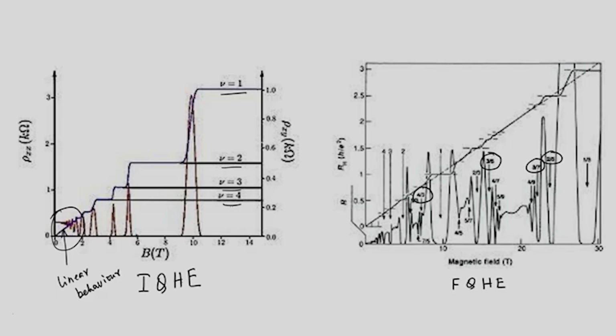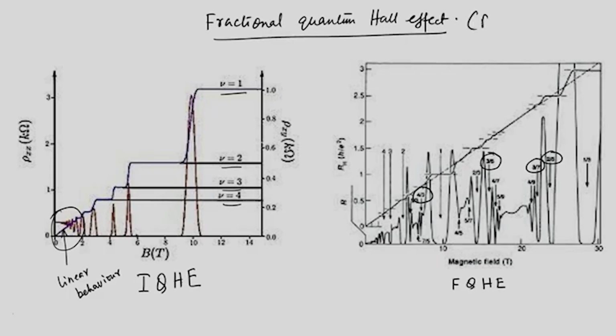There is nothing called a third of an electronic charge, but still we see plateaus at fractional values. So, we start this discussion on the fractional quantum Hall effect, which we abbreviate as FQHE.